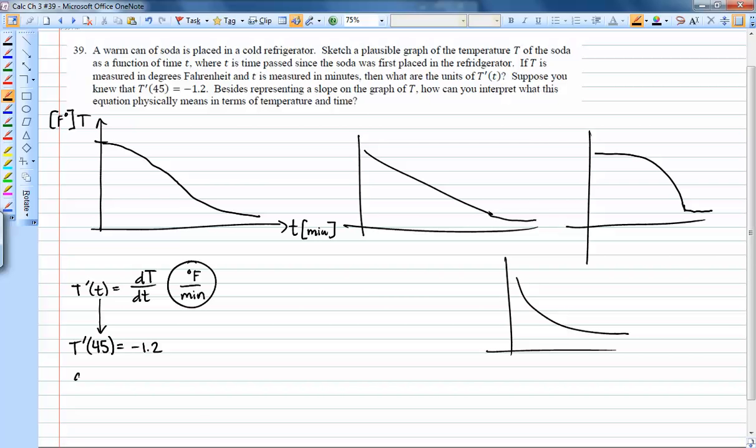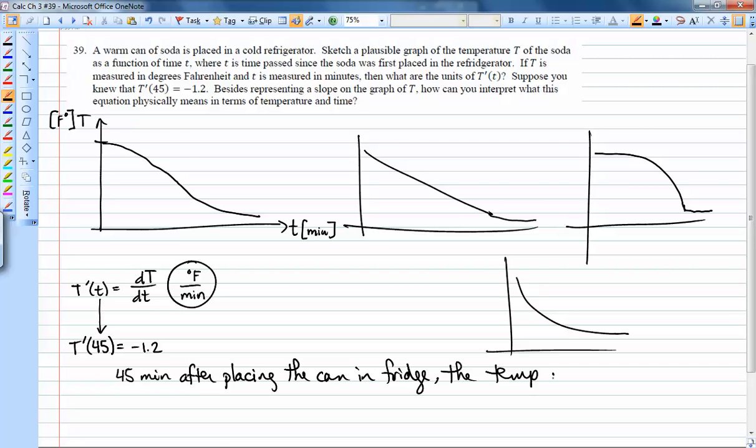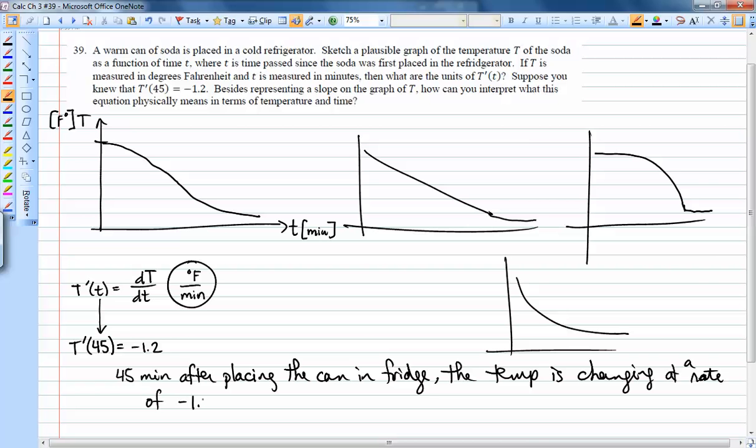So that means after 45 minutes, or let's say this, 45 minutes after placing the soda can in the fridge, the temperature is changing at a rate, because remember this is about a rate, at a rate of negative 1.2 degrees Fahrenheit per minute.